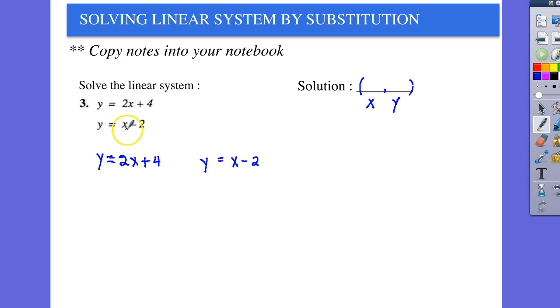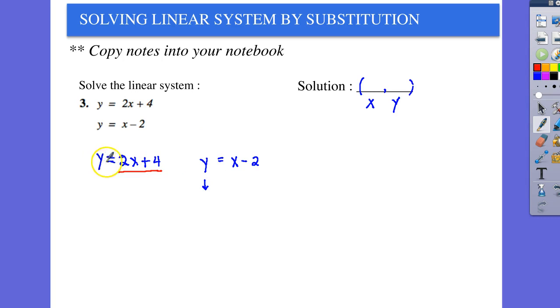According to equation 2, y is equal to x minus 2. Now, instead of writing y over here, can I write 2x plus 4? Like I will substitute, I will plug in this value of y, 2x plus 4, instead of writing y. Is that possible? Of course.